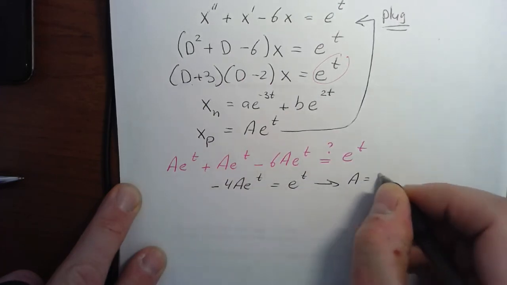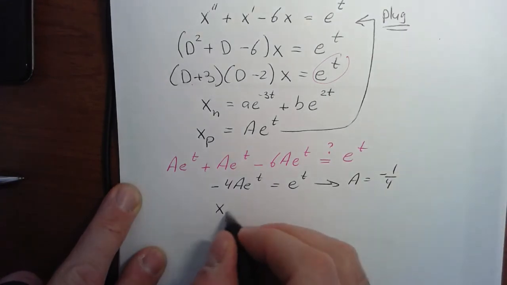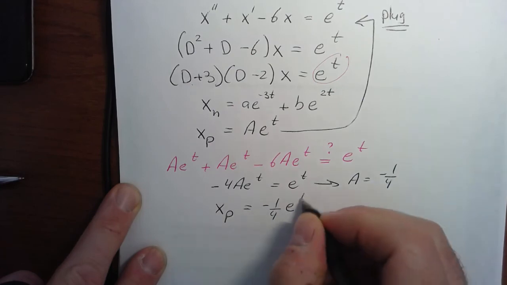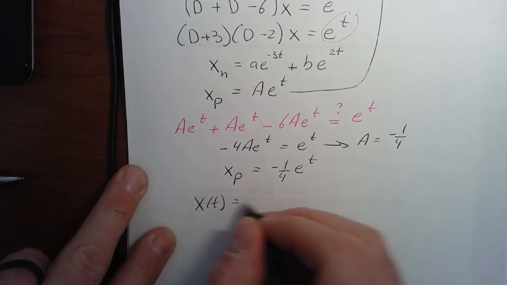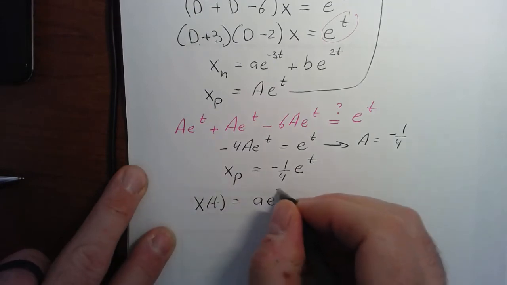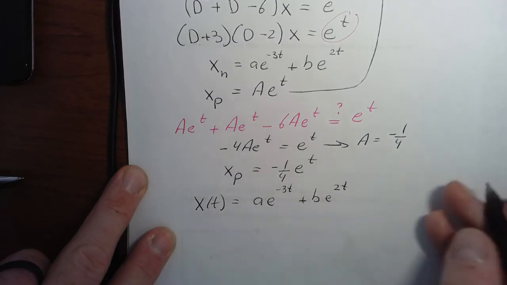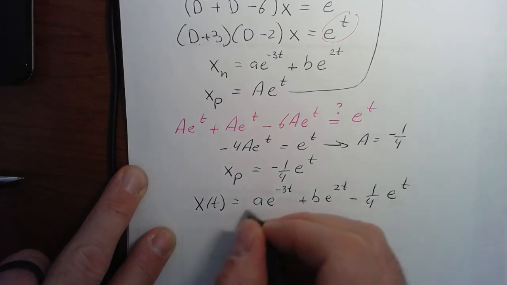And so a equals minus 1/4. So then my particular solution is negative 1/4 e to the t. And my whole solution is my homogeneous solution plus my particular solution.